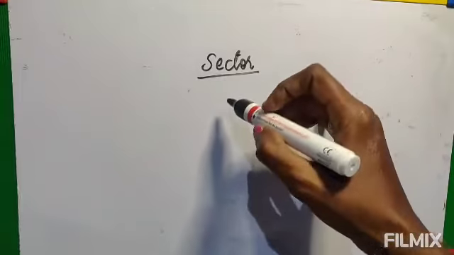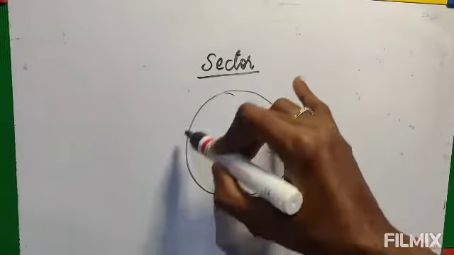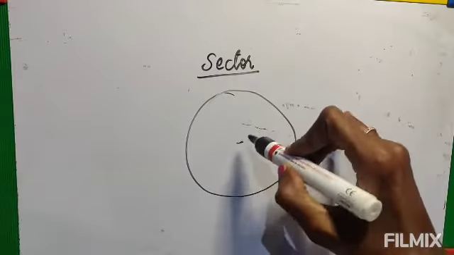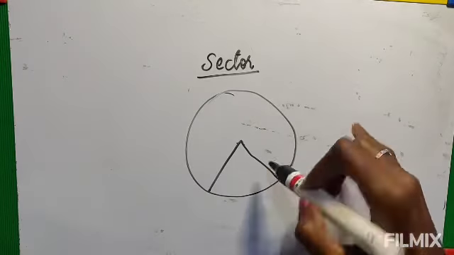Now we will see the sector of a circle. Suppose this is a circle. In this we draw any two radii. Now I have drawn the radii like this.